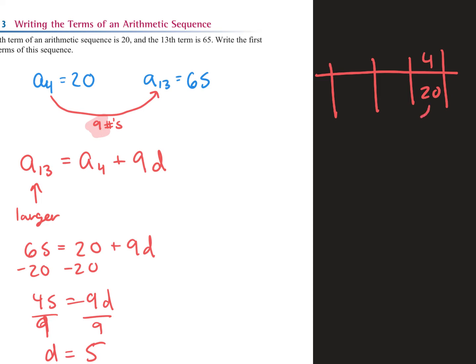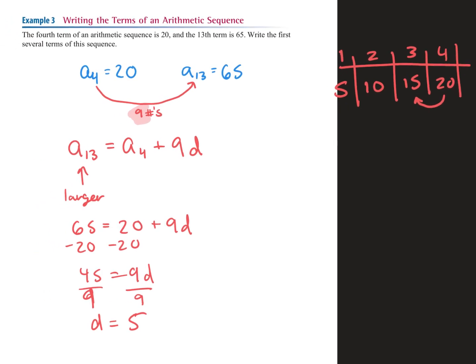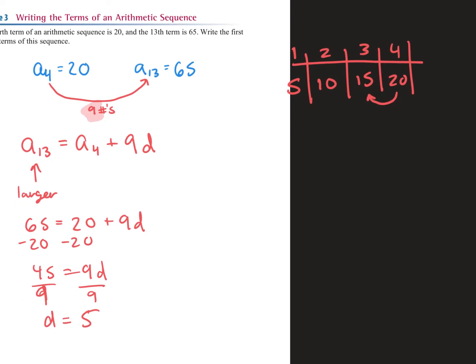What would I need to do to go backwards to find the third term? Subtract 5. So this would be 15, 10. What would my first term be? 5. It says write the first several terms of the sequence, so these would be our first several terms. And then I can come up with an equation also.